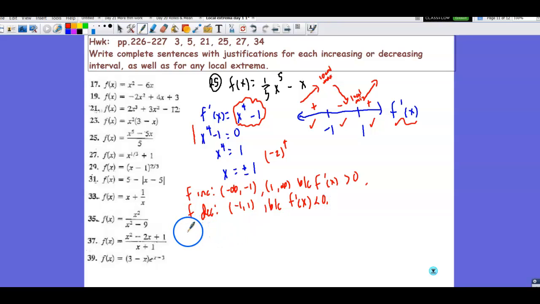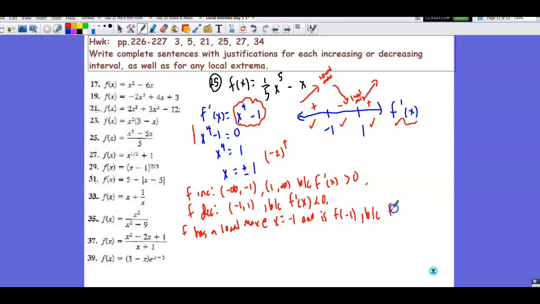Now I'm going to state my local max. So f has a local max at x equal negative 1 and is original function f of negative 1.